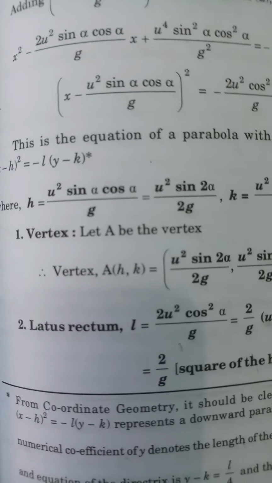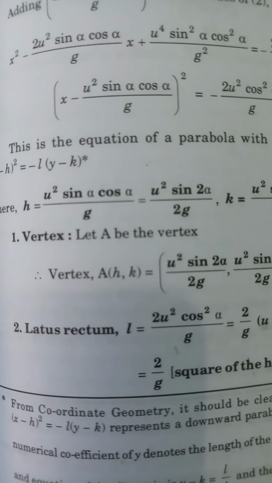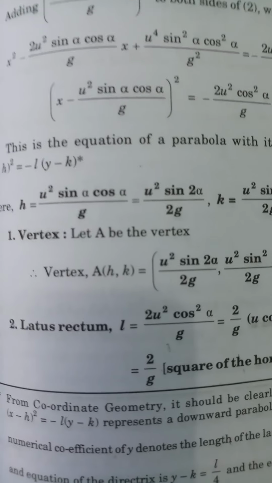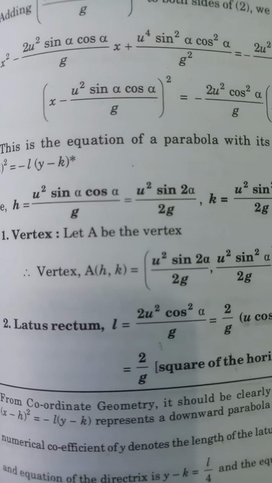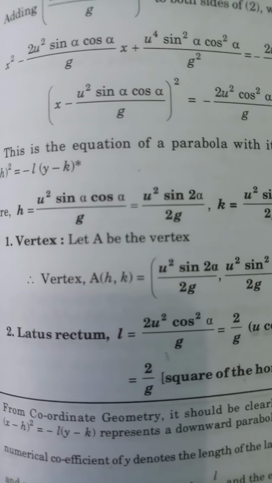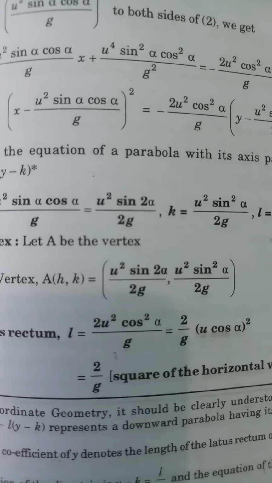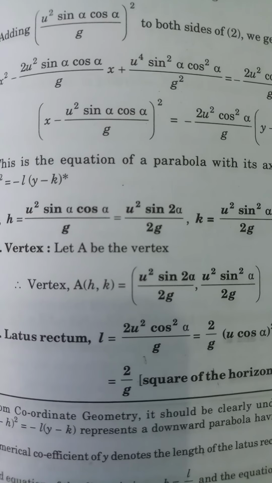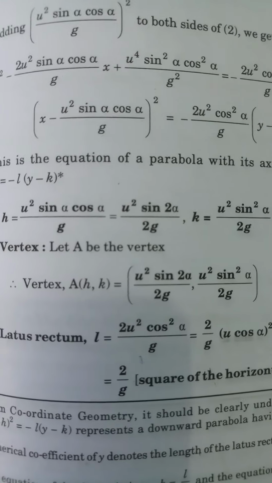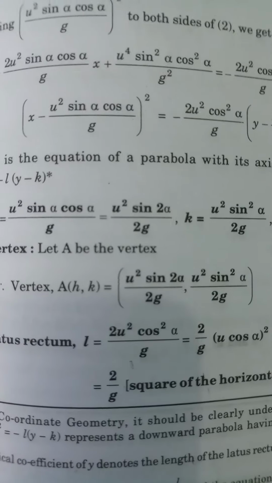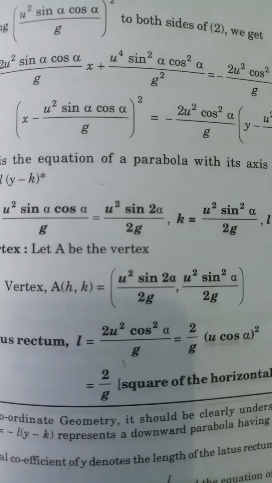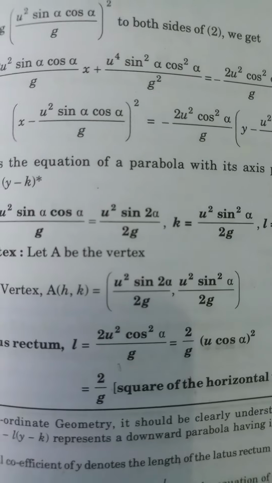First the vertex: let A be the vertex, then the vertex A has coordinates h comma k, which is u square sin 2 alpha by 2g, u square sin square alpha by 2g.